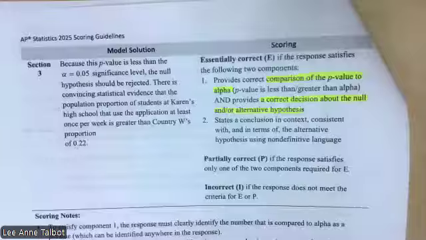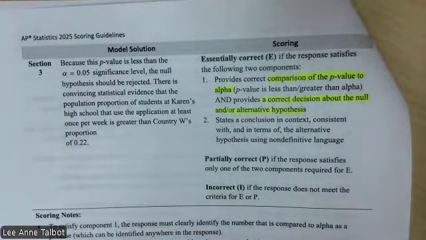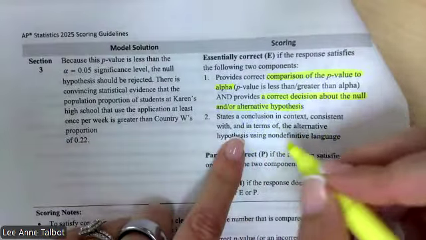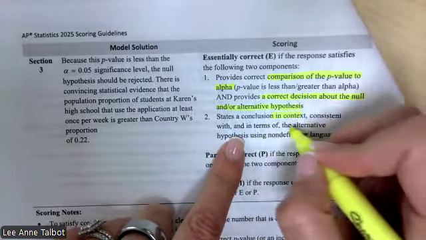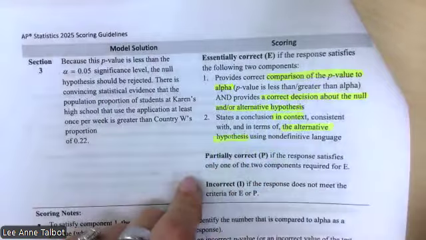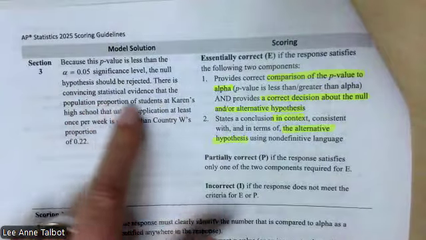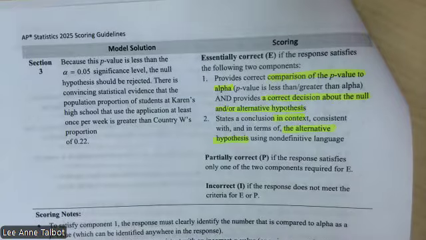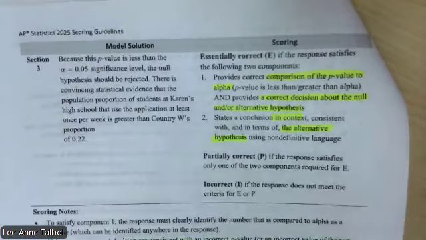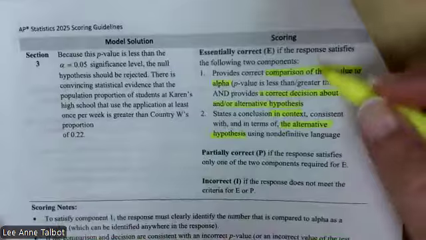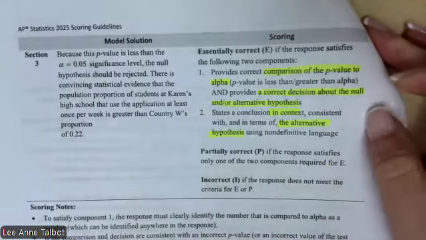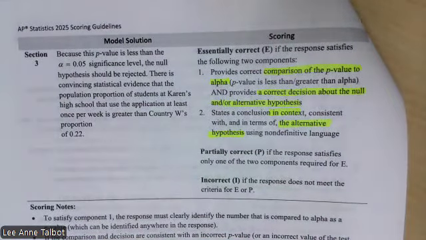Since it's less, we reject the null. And then state a conclusion in context in terms of the alternative hypothesis. There is convincing evidence that the proportion of students is greater than 0.22. If you have both of those two things, that's an E. One of those two things is a P. None of those things is a not.